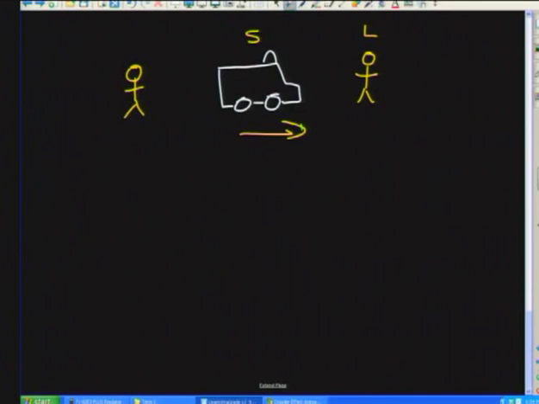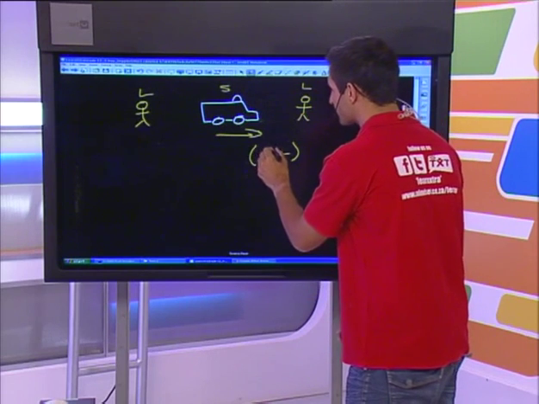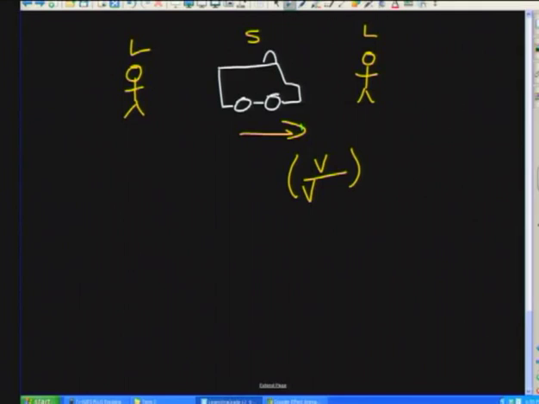My source is moving. So we're going to do a Doppler fraction for both. So for this one, where objects are headed closer to each other, I have to make my fraction bigger. The frequency must increase. So what I'm going to do now is say V, and I've got to change that fraction so it becomes bigger. What should I do to the fraction to make it bigger?